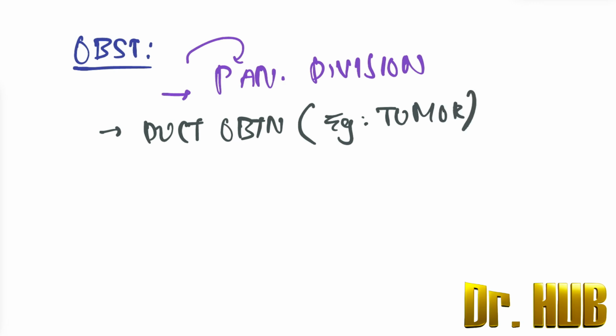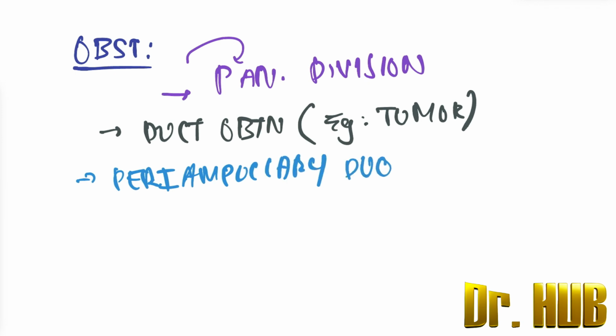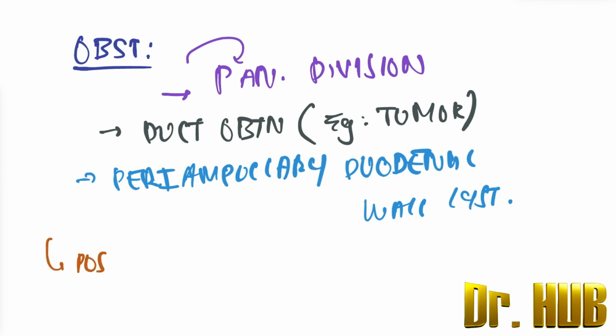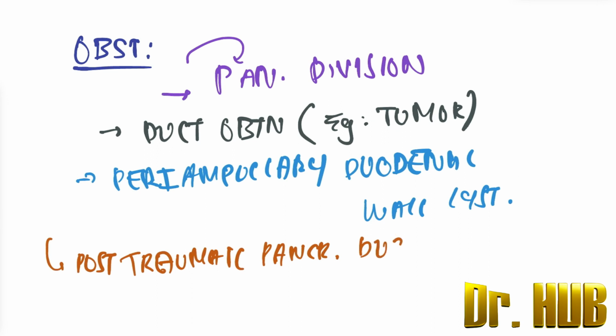Next is periampullary duodenal wall cyst. And lastly, there are post-traumatic pancreatic duct scars.